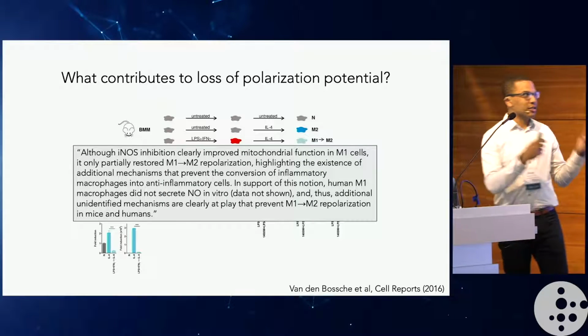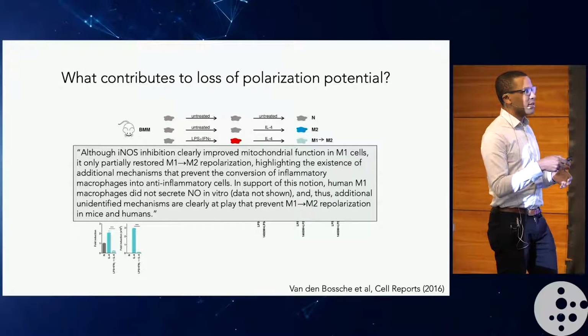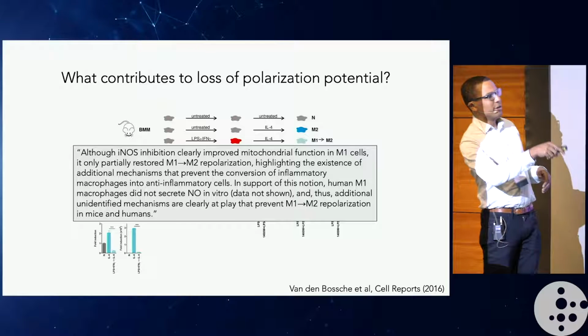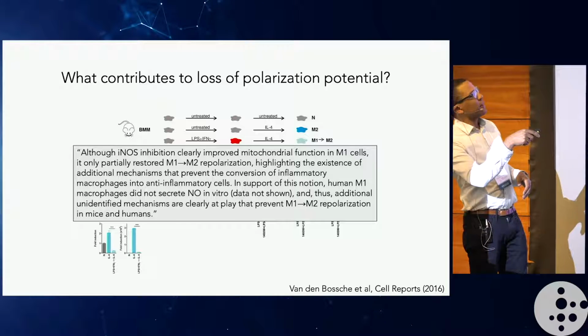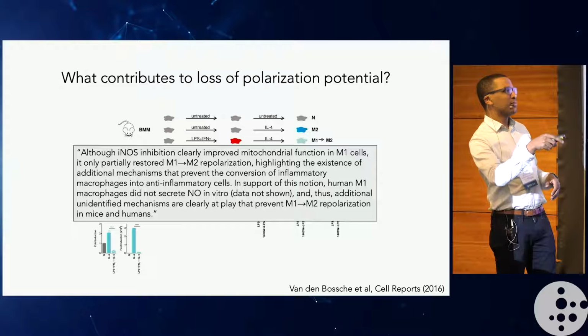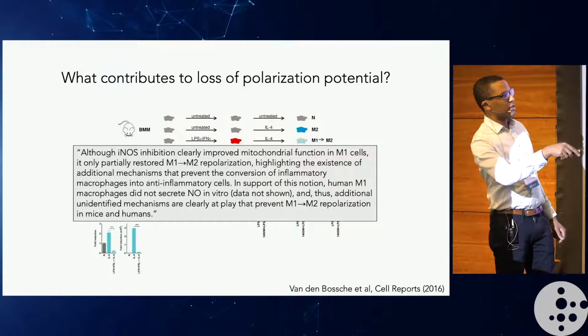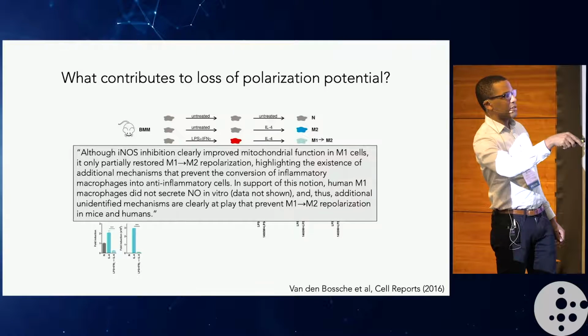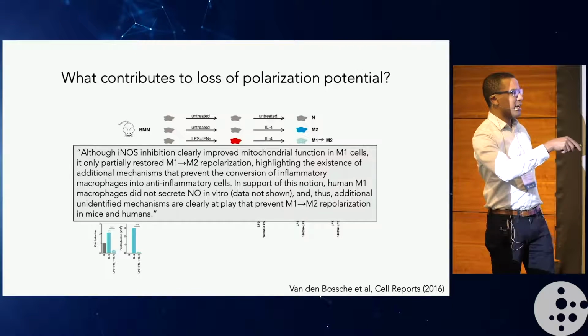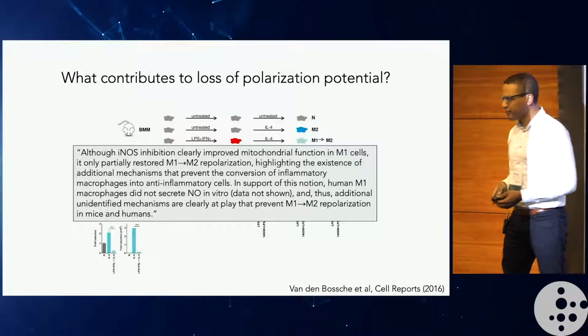And really strikingly, if you look in their discussion, they say, although iNOS inhibition clearly improved, blah, blah, blah, it partially restores, except human macrophages don't secrete NO, thus unidentified mechanisms are clearly at play.